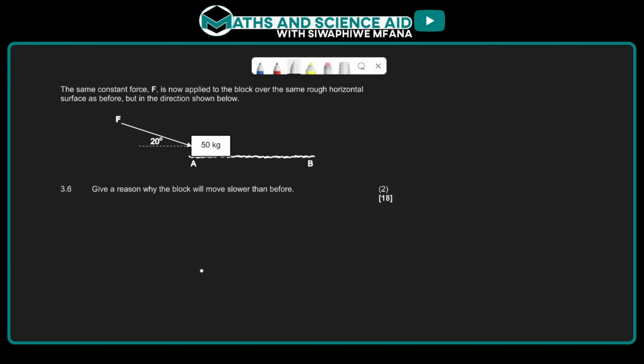So here we can draw the free body diagram as follows. So this is a dot representing the 50 kilograms block. And here we've got this applied force. So if it is being applied at this direction, we can show it like this on our free body diagram. So the applied force this time around will be downwards like this, okay?